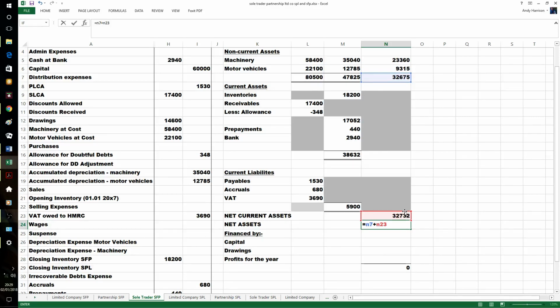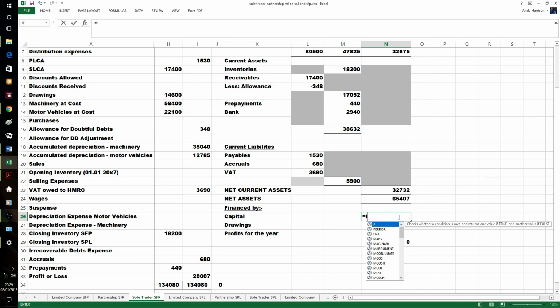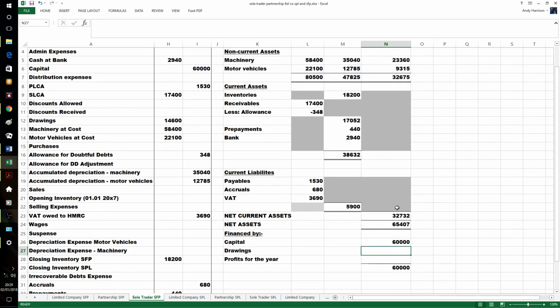So that has to be mirrored by the equity or finance in a business, equity for limited companies, capital, drawings and profits for the year for a sole trader. Drawings, we want it to be a minus figure because this is the owner taking out their own capital.